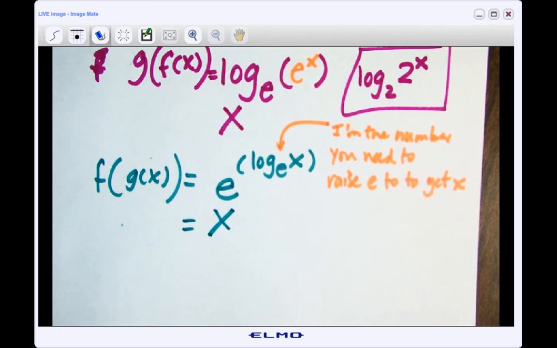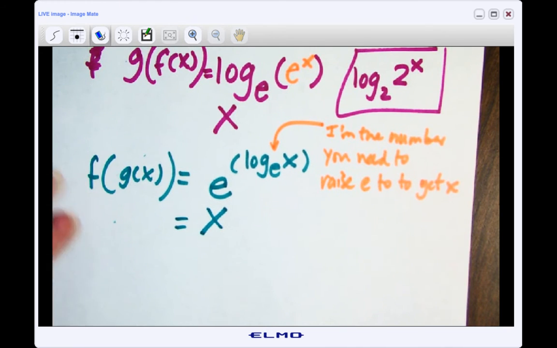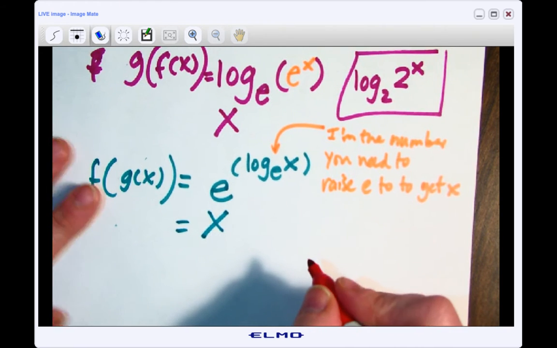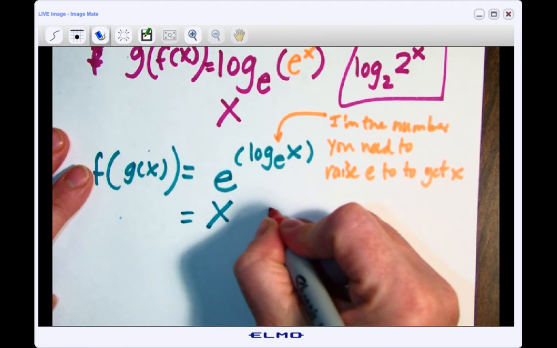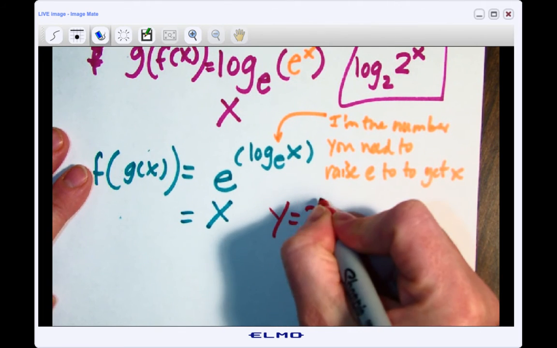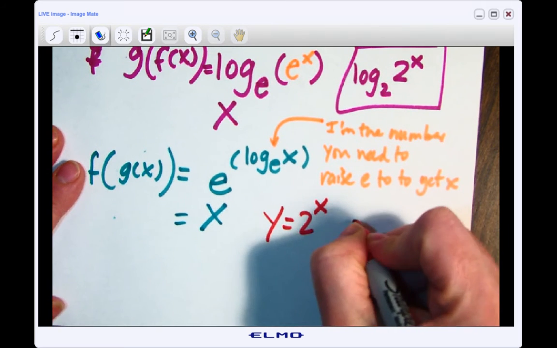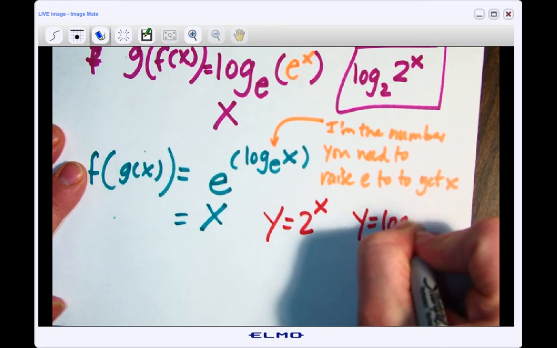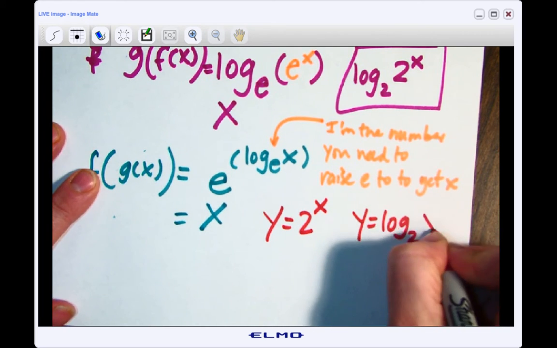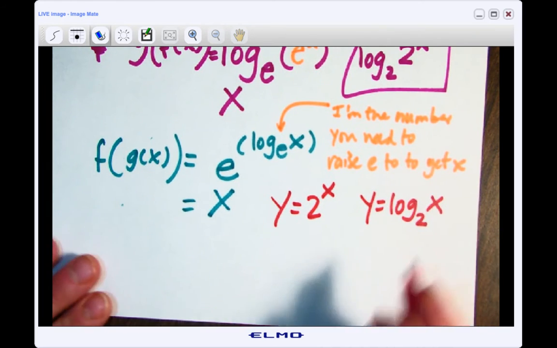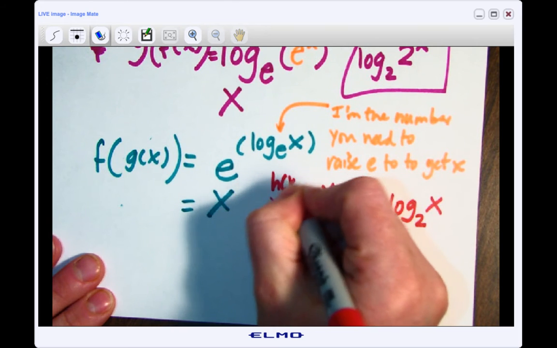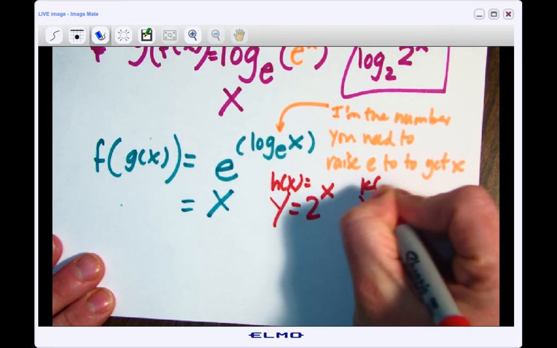Okay, so if you're having a hard time seeing it, once again, let's do it with something maybe a little bit easier to see. Let's take y is equal to 2 to the x, and y is equal to log base 2 of x, okay? So we'll make this one h of x and this one k of x.